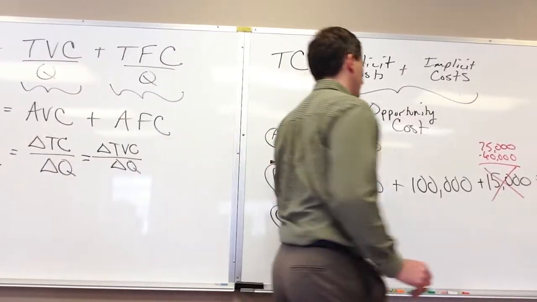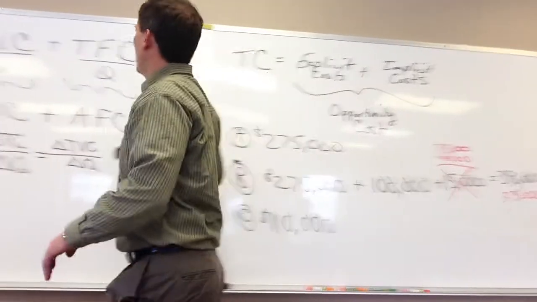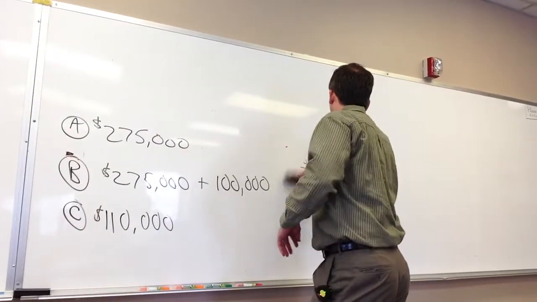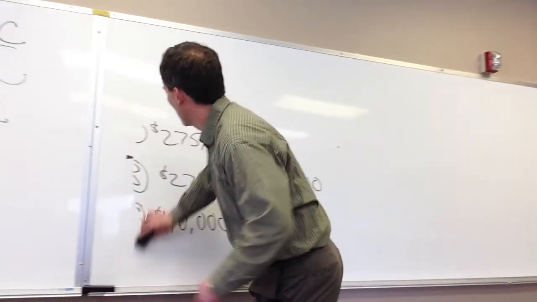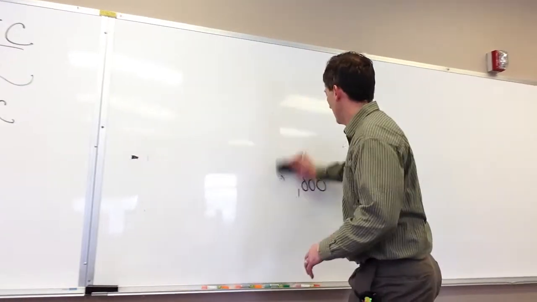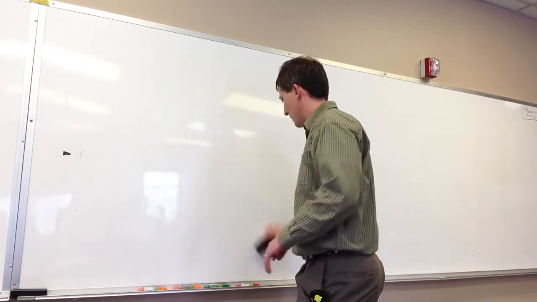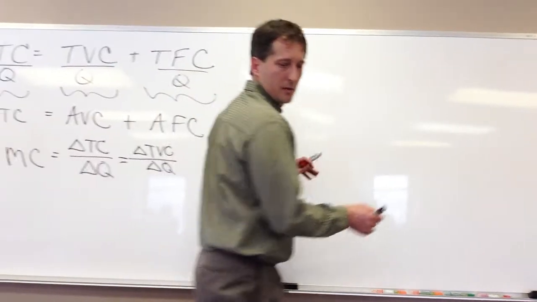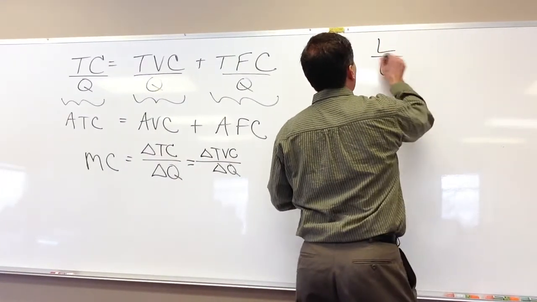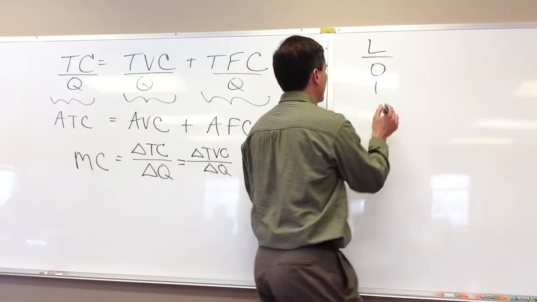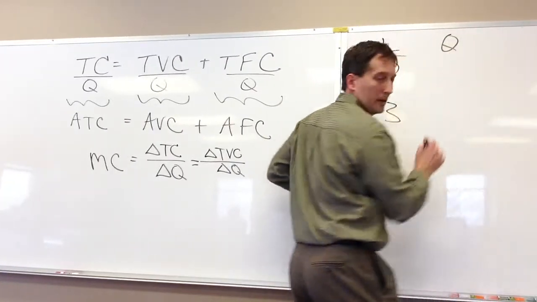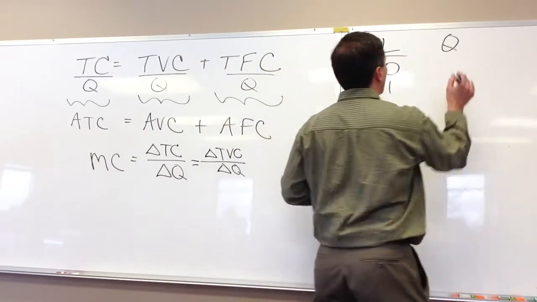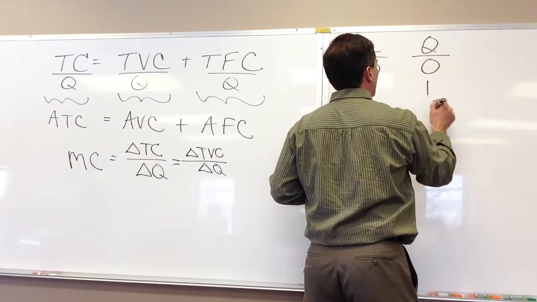So we got labor and strawberries. Zero, 1, 3. And we get strawberries. We need the truckload. 0, 1, 2, 3.